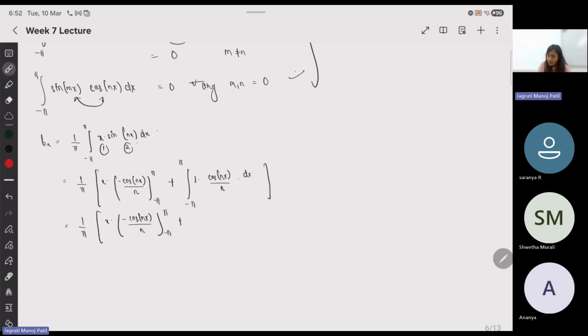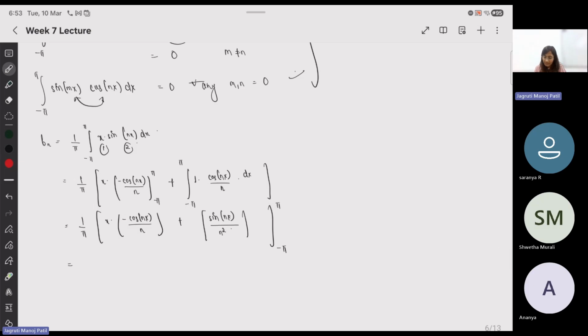Now here, what is the integral of cos? That is sine, right? So you have sine nx by one more n, so that's n square. Now you integrate it from negative pi to pi, so you can write the whole function as evaluated from negative pi to pi. Okay, clear till this point?